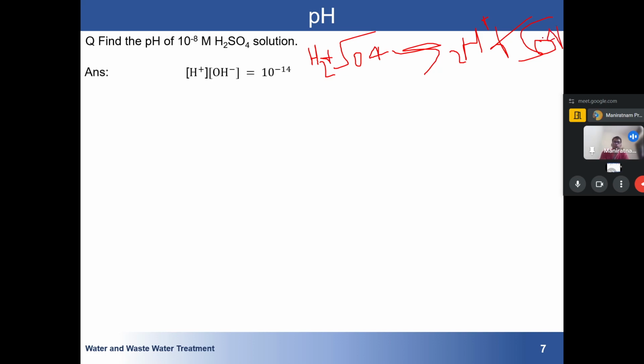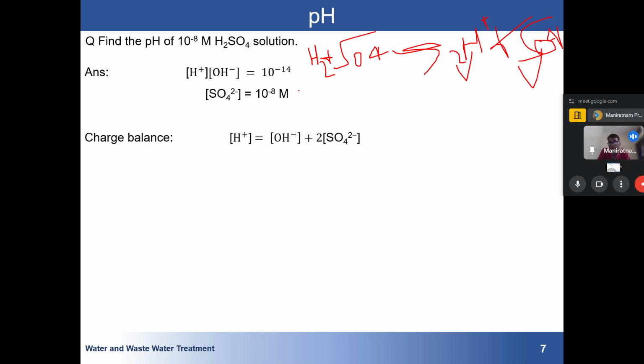H plus into OH minus is equal to 10 to the power minus 14. The SO4 2 minus concentration will be 10 to the power minus 8, because H2SO4 gives 2 moles of H plus and 1 mole of SO4 2 minus.